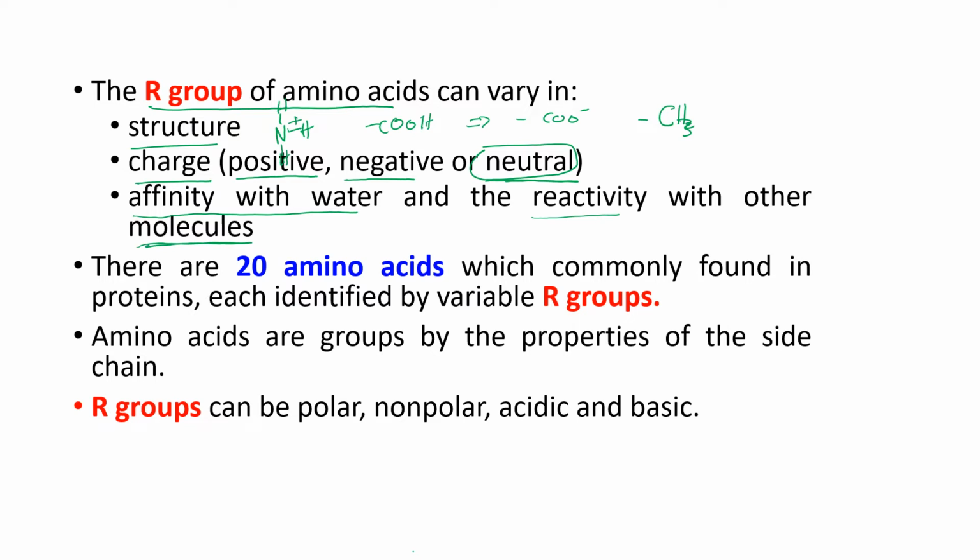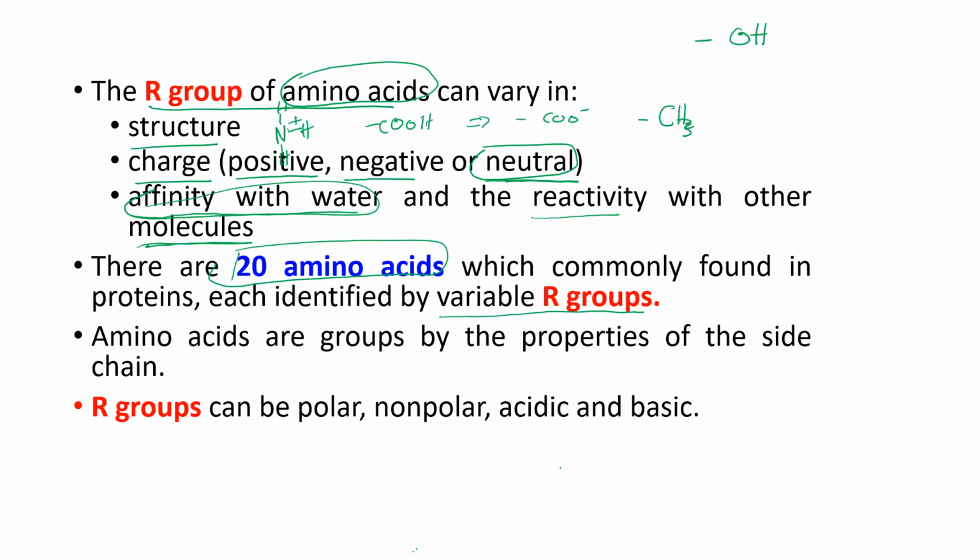For example, if the R group contains hydroxyl group, this makes the amino acid attracted to water molecules and causes the amino acid to be able to dissolve in water. There are 20 different types of amino acid which are commonly found in proteins. Each is identified by the different R groups. Each of these 20 different amino acids will have different R groups.